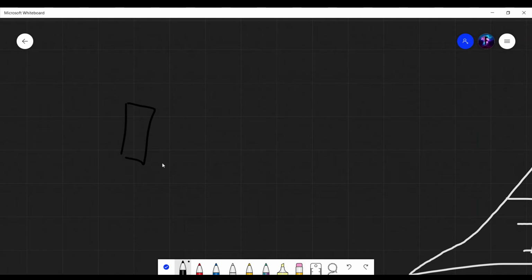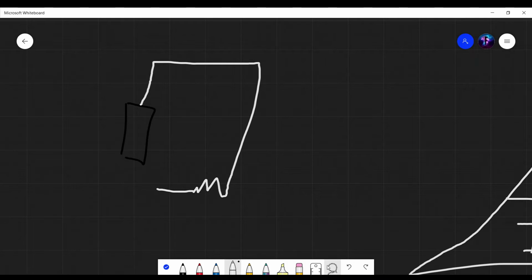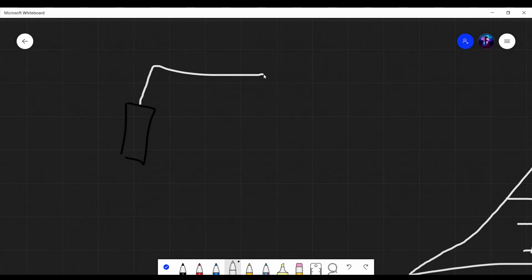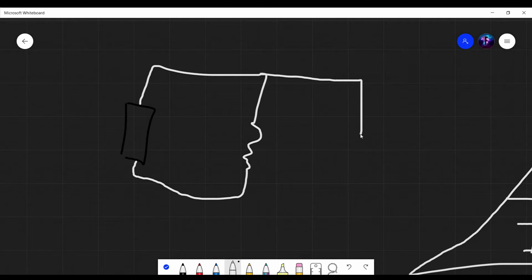So I'm gonna draw a box where the voltage is. I'm going to draw a regular circuit with a resistor. Actually, I think I should put it at the side. I think that's better. But then I'm going to draw another one. And then another one.